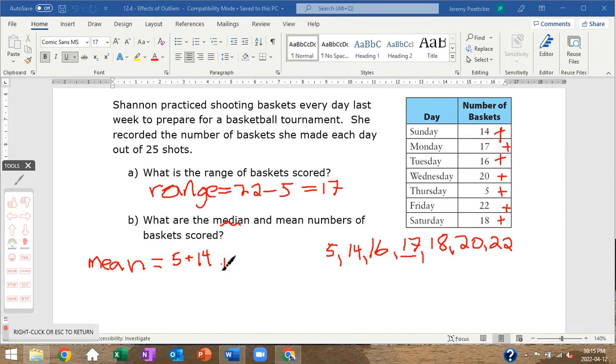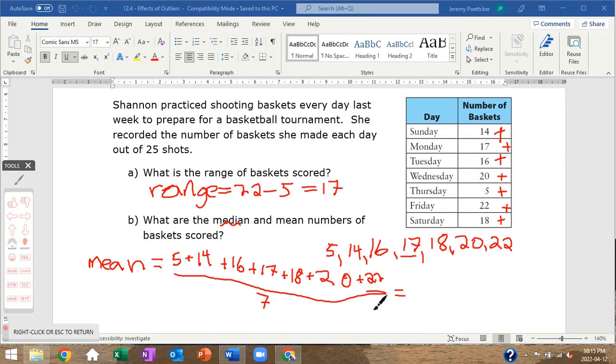Unless means are very small numbers, this is a calculator kind of thing usually. Do all of that, and then I divide the whole works by 7.